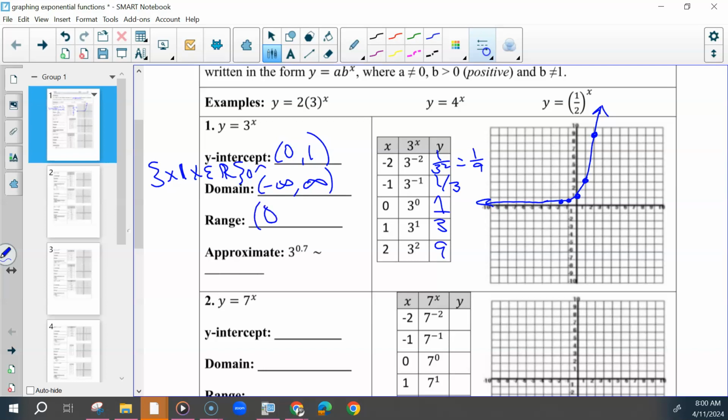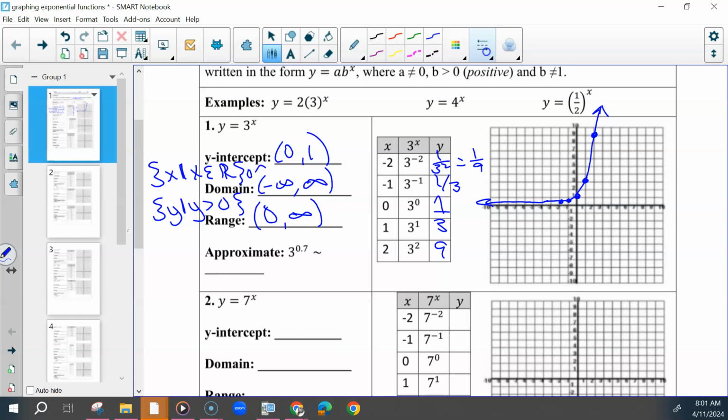So parentheses 0, but where does it end? Infinity. It keeps going. So that would be y is greater than, not equal to, just greater than 0. And I'm going to show you that on decimals here in a second.